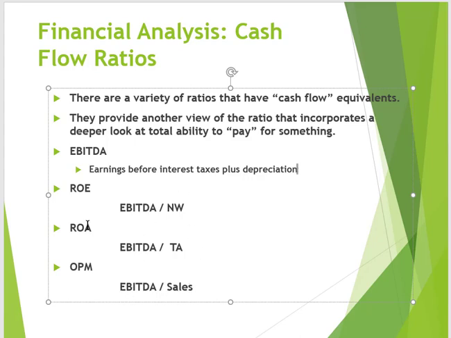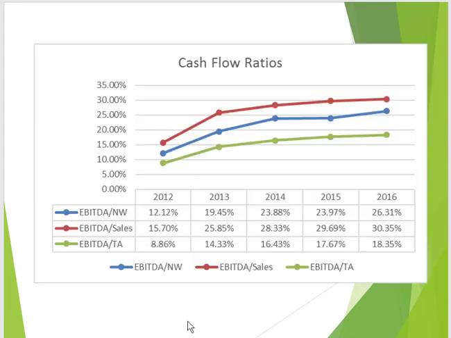So these numbers, some may argue, are far better numbers to analyze owner investment returns, returns on assets, and operating profits, because it incorporates cash flows. And what we find is that the numbers actually follow pretty much similar trends, that over time these cash flow numbers have been increasing.